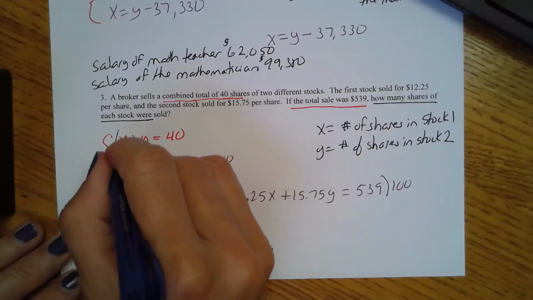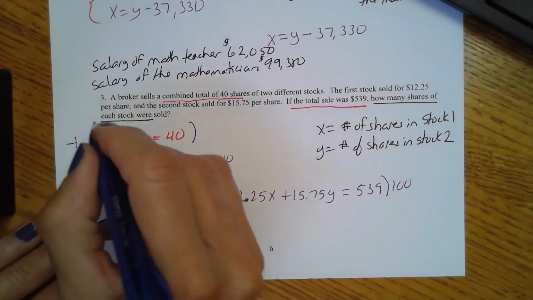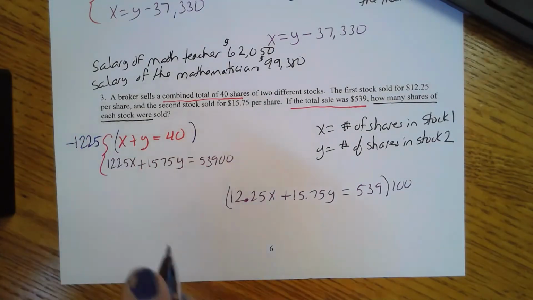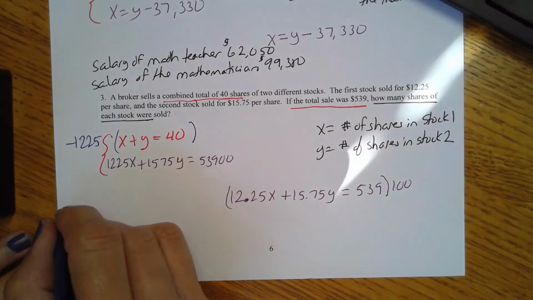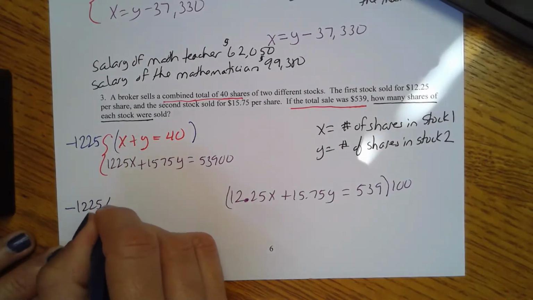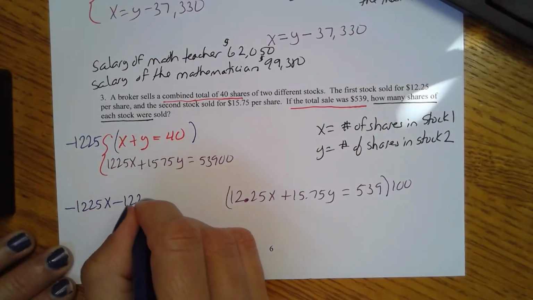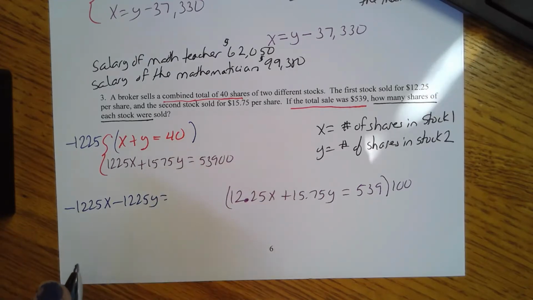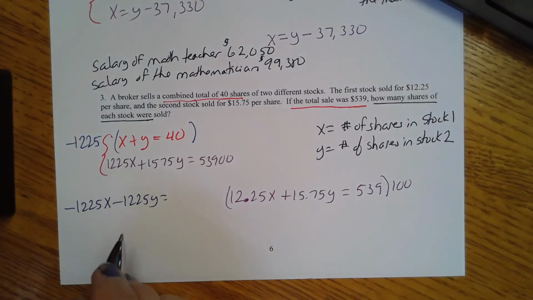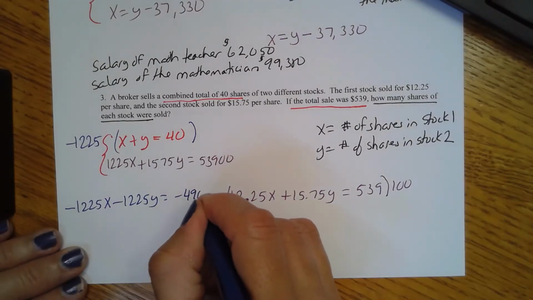I'm going to do the addition method, and I'm just going to multiply the first equation all by negative 1225. So if I do so, the first equation becomes negative 1225x minus 1225y equals, and when I multiply the last, make sure you also multiply by the negative, you're going to end up with negative 49,000.